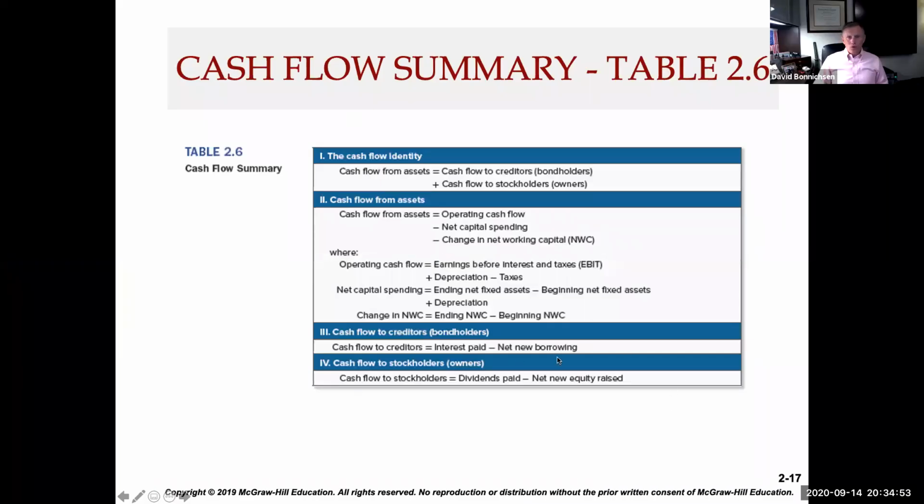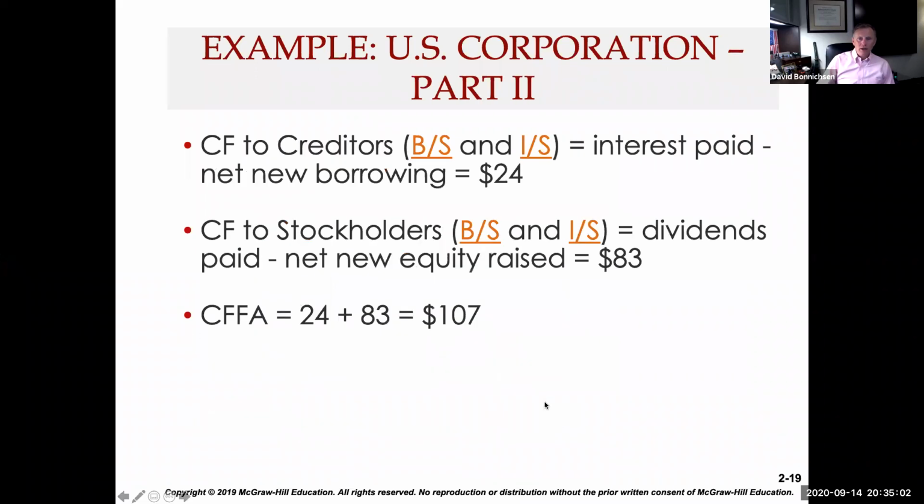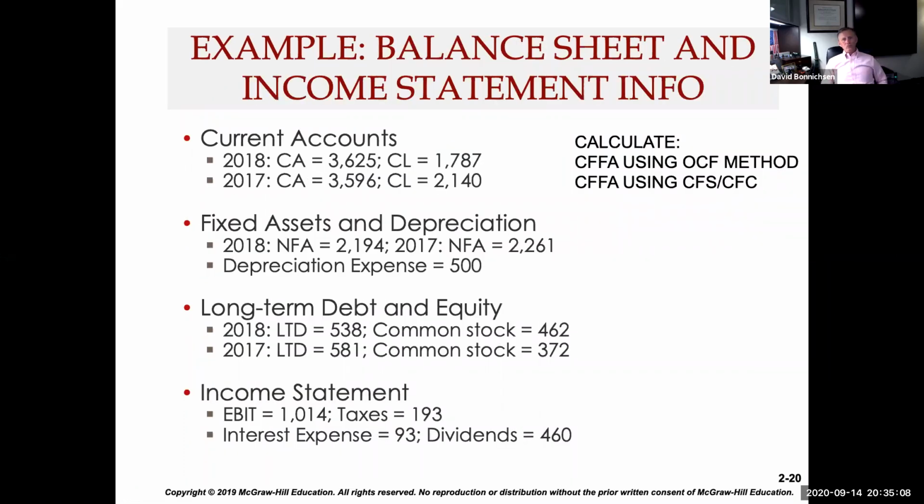As far as the example, we just went through it. We calculated 107, and we calculated 107 million doing the creditors and the stockholders. So I'm going to end there, and this slide deck is out there on Moodle. What I would suggest, just as practice, is go through this example right here.